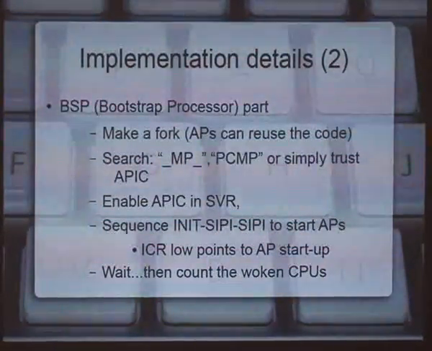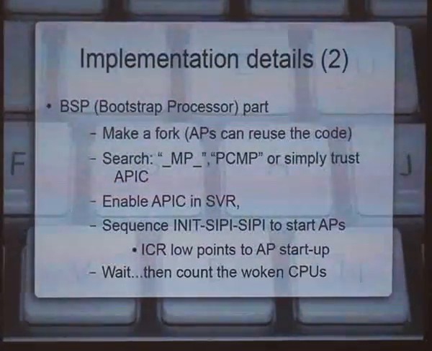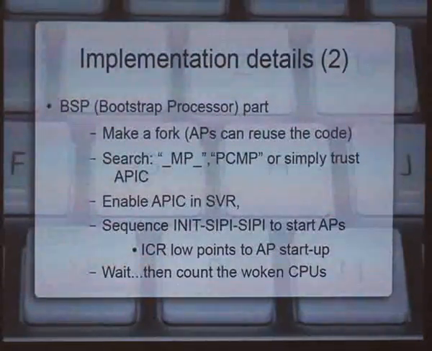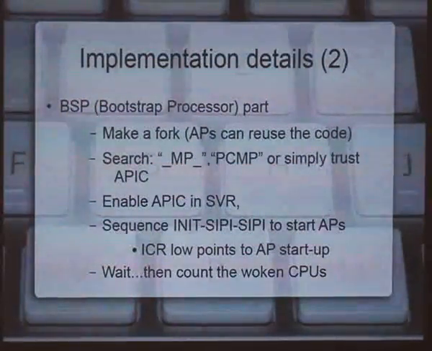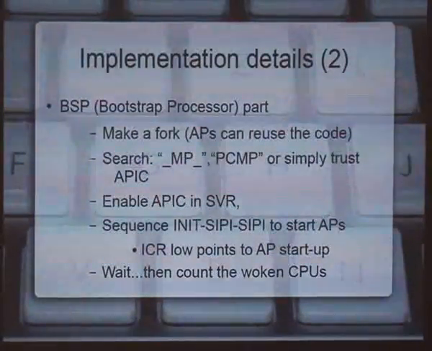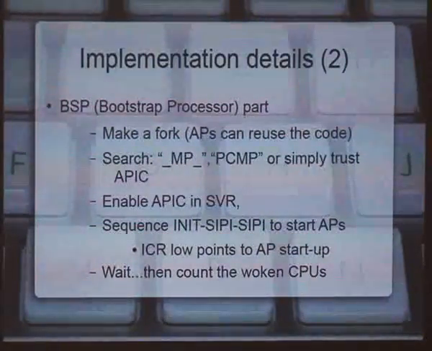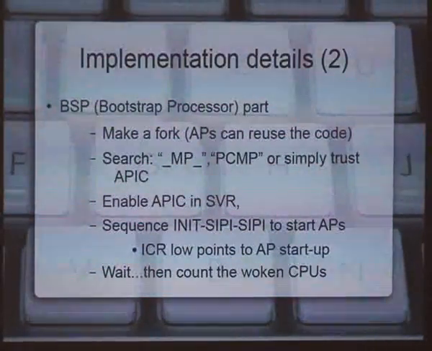The first thing to do is search for the MP structure. It's a weird double-word string. But not all CPUs have it. My two test cases showed that one Dell laptop didn't have it anywhere in memory.